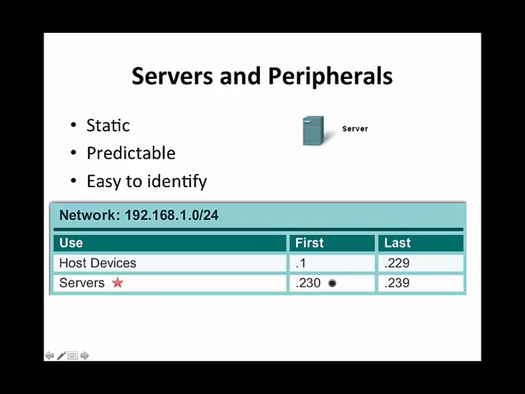Like you can see in the example, you have addresses from 230 to 239 ranging in servers and peripherals. So also easy to identify. If you are monitoring your network and you know your servers are in this range, and you see a big allocation of traffic in one of these addresses, you know what is happening.